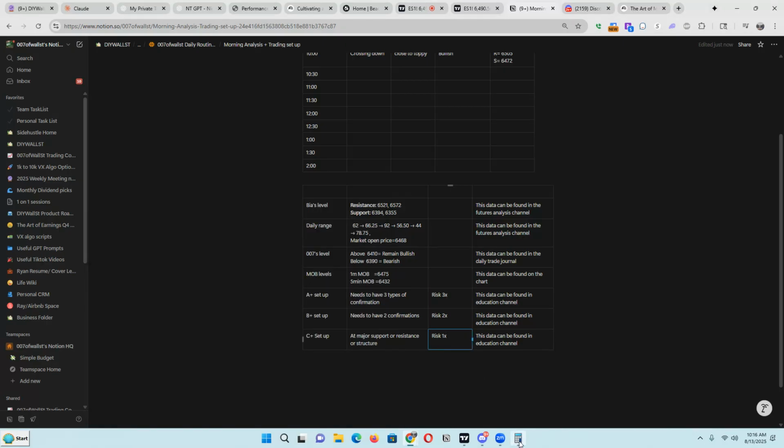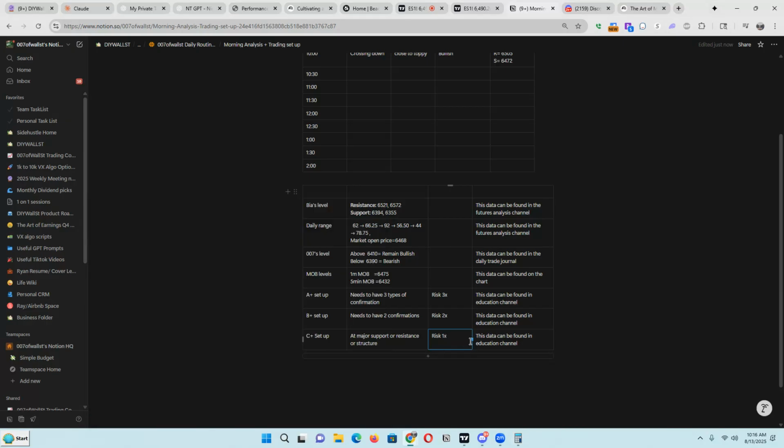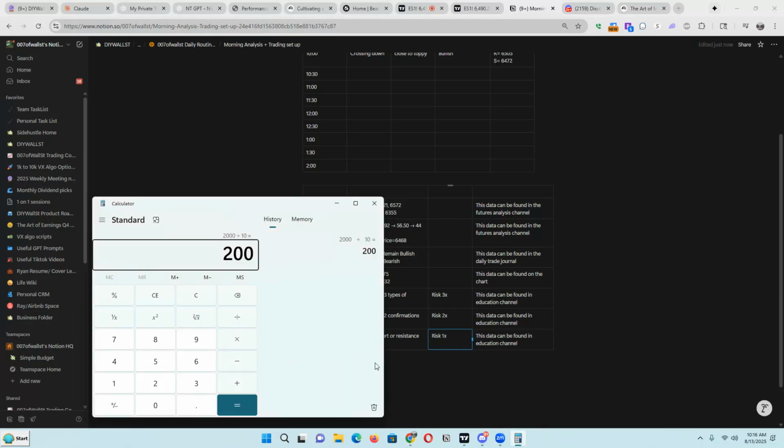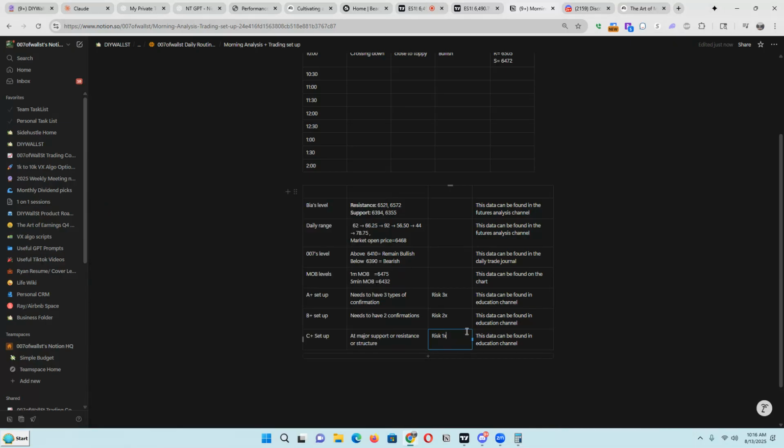So the most you can risk at the A plus setup is $200. Or it could be a C plus setup, actually. It could be $200, the most you can risk here. But we could change that up and down. It could be $100. So if the most you can risk is $100, then you could probably only trade up to 2 to 4 contracts here. Let's do 1 to 4.